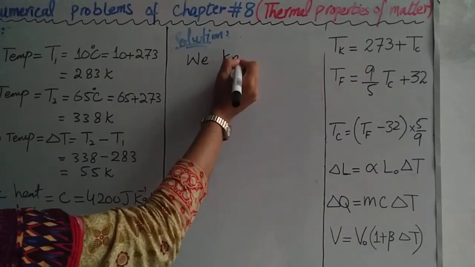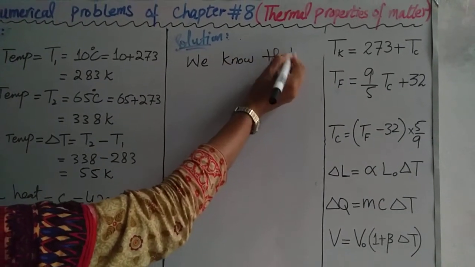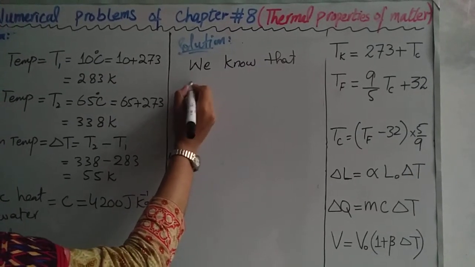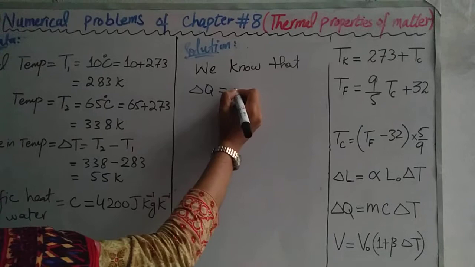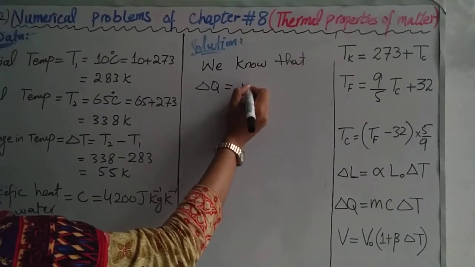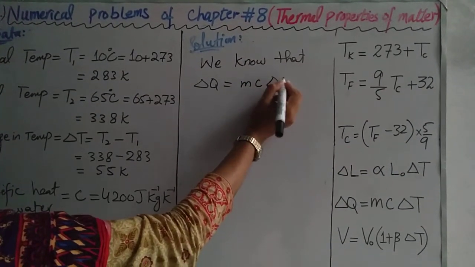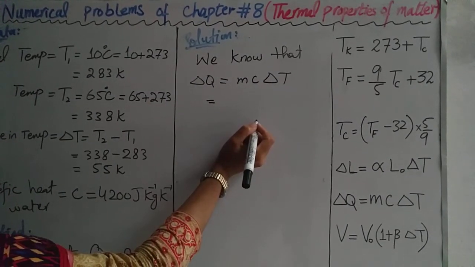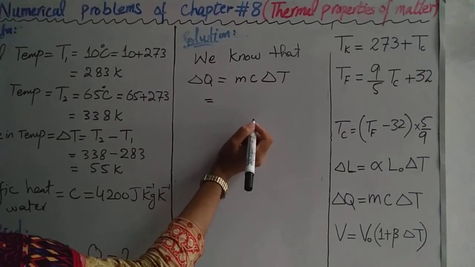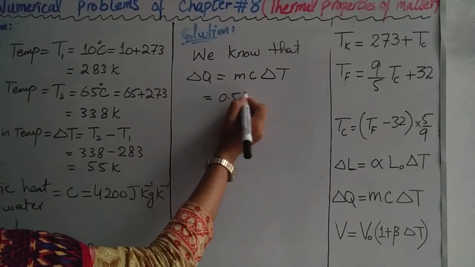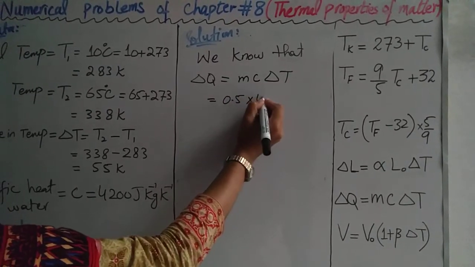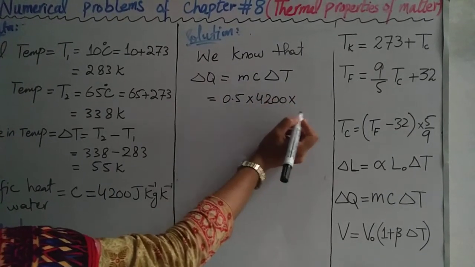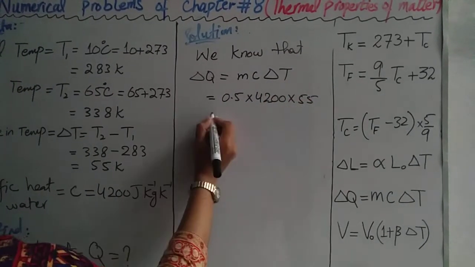as we know that Q is equal to MC delta T. M is the mass, which is equal to 0.5 kg, multiplied by 4200, multiplied by delta T's value, which is 55.